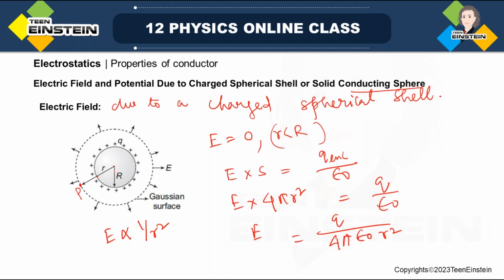That means when you consider any outer point to calculate the electric field, the electric field varies as 1 by r square at any outer point.